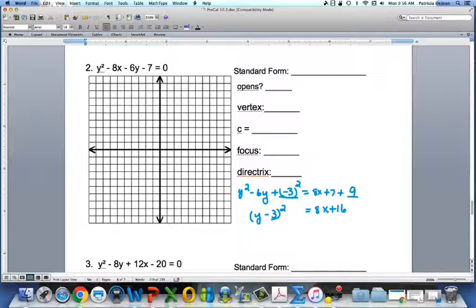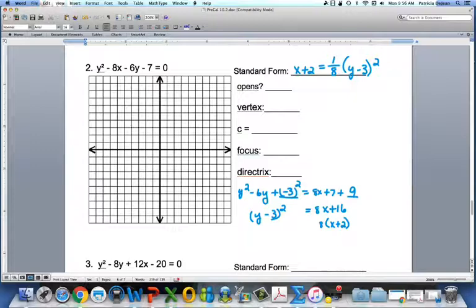Factor out an 8 here, so that's going to leave me with x plus 2. So when I divide by 8, my standard form, and I'll write it in the blank this time, will be x plus 2 equals 1/8 times (y minus 3) squared.